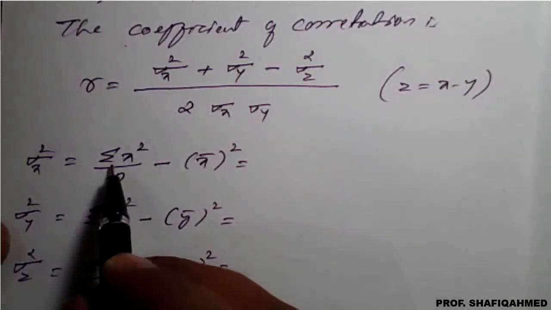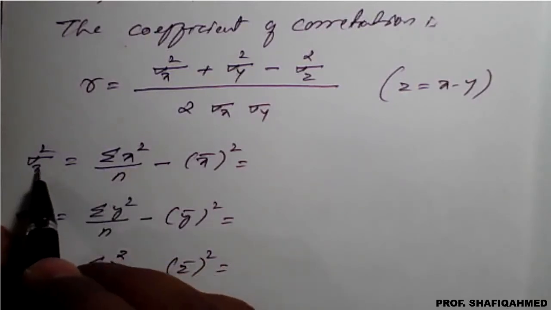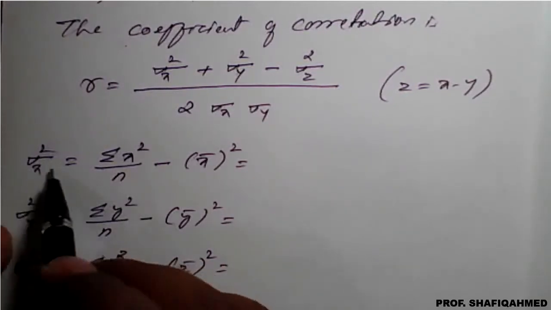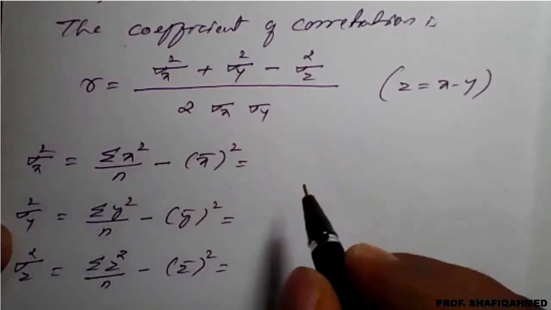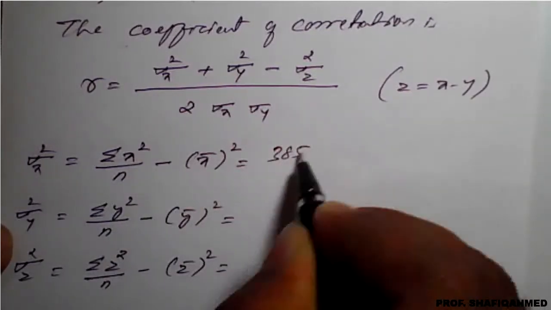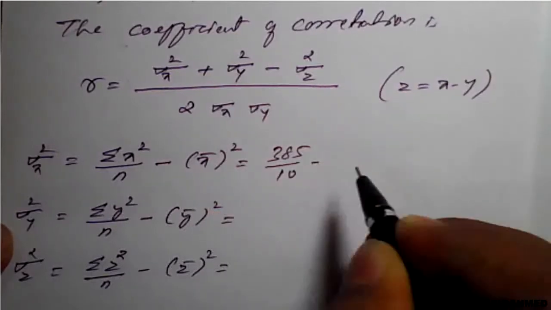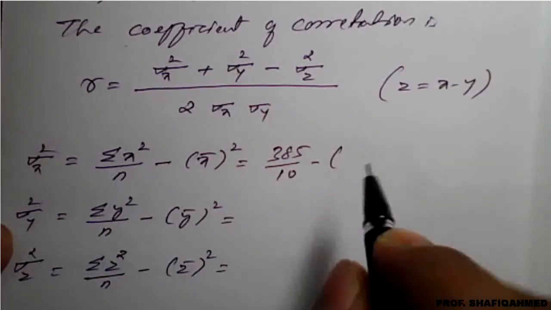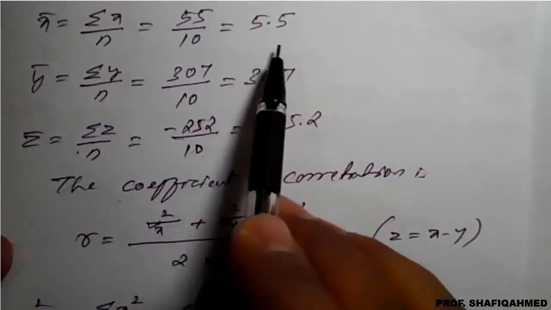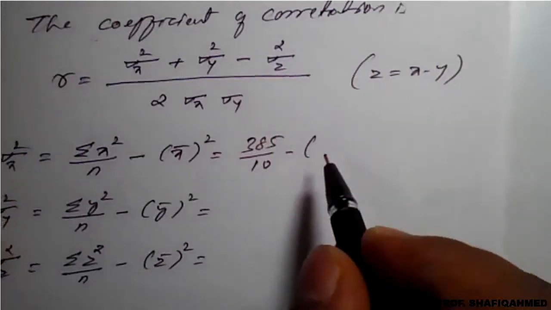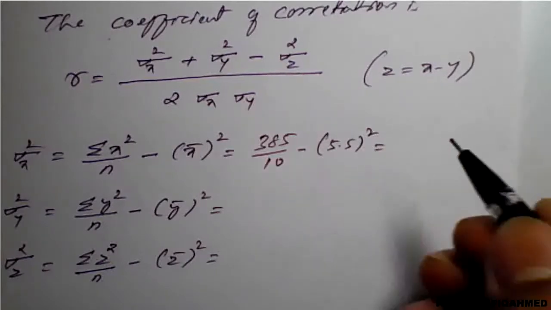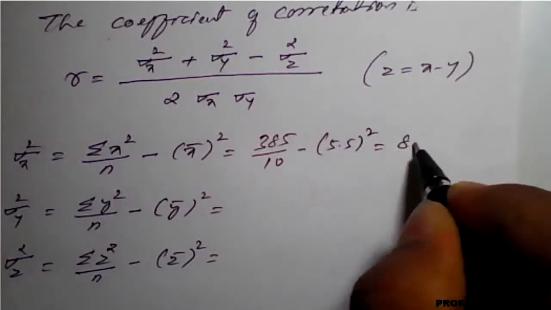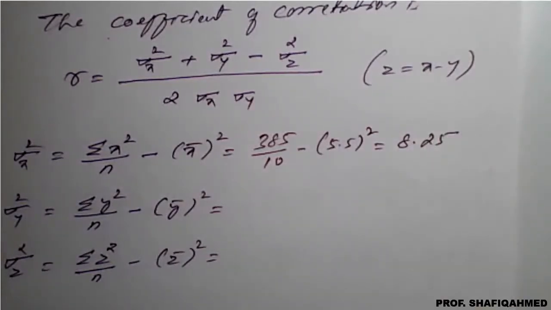So now again, first formula, that is standard deviation of x square or variance formula. So summation of x square, we got it as 385 divided by n value is 10 minus x bar value, which we just now calculated, it is 5.5. So if you make it 5.5 square, the answer will be 8.25.